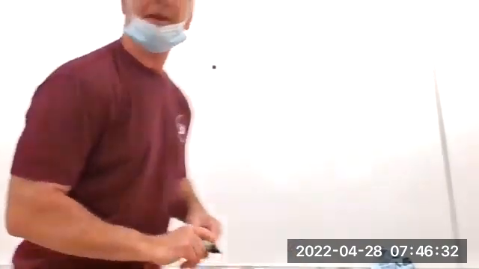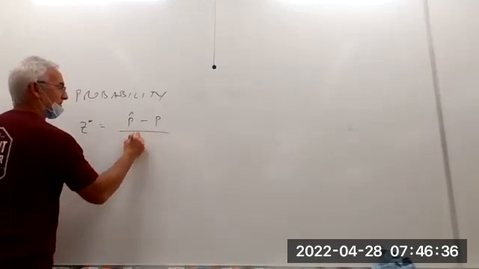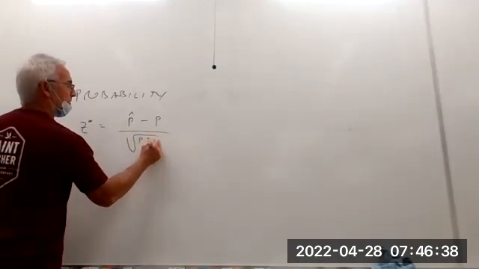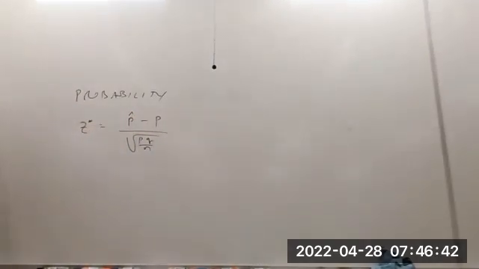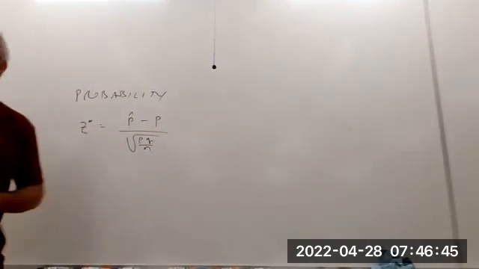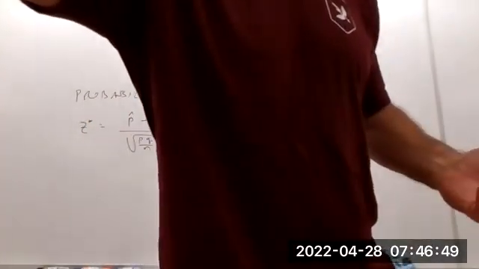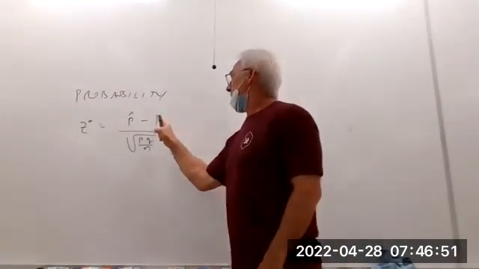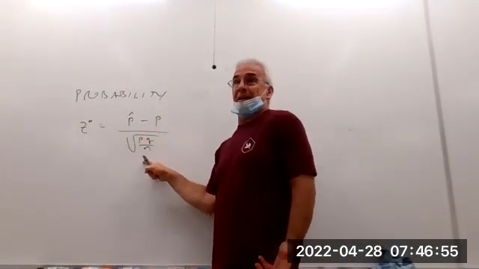Here we go. Okay. So we put this over what? Remember, it was the square root of P, Q over N. And that's the same P. So the idea being, if whatever you're saying, we're going to start with that being the truth. We're going to assume you're not guilty. And so we're going to assume this is true, and that this is true, and that this is true, and we know what N is.